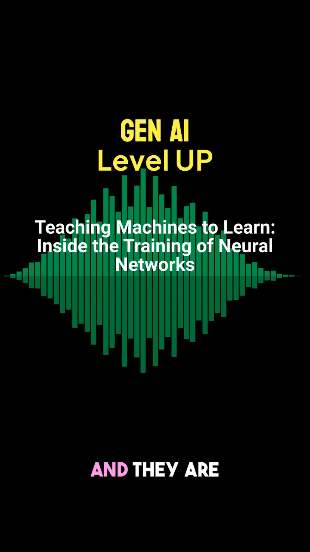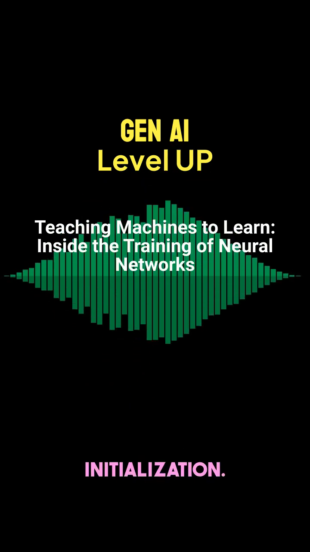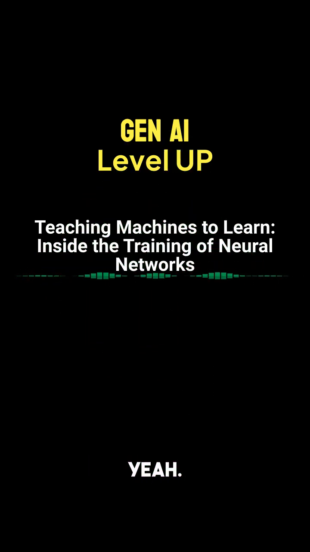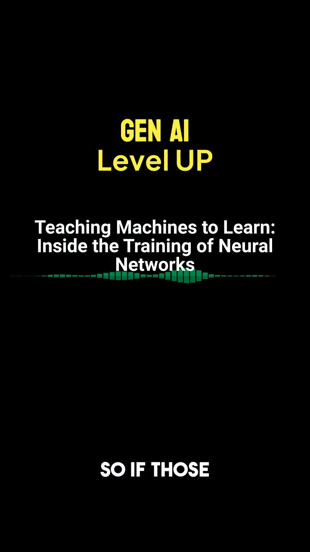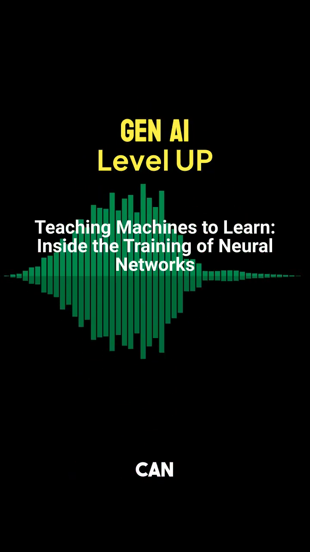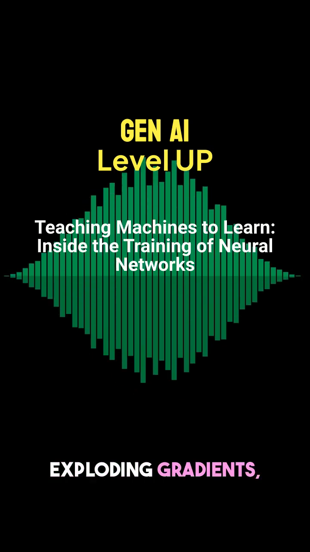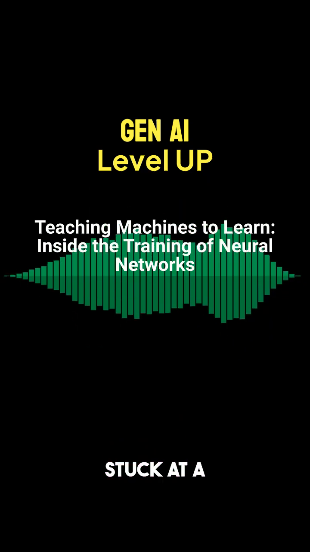And they are often linked to this problem of proper initialization. You mean how we set up the initial values of the parameters? Exactly. If those initial weights and biases aren't set appropriately, it can trigger vanishing gradients, exploding gradients, or it can even lead to the network just getting stuck at a bad solution.